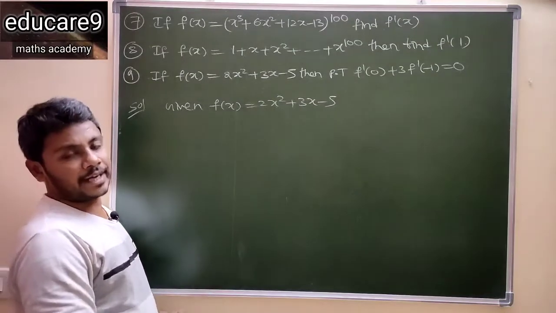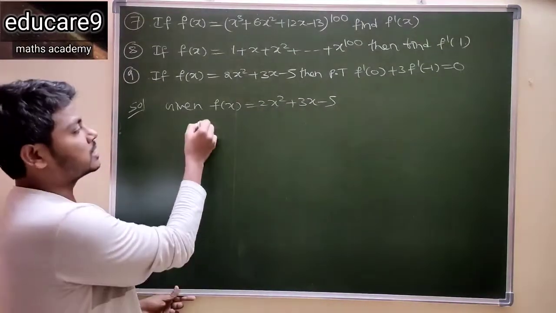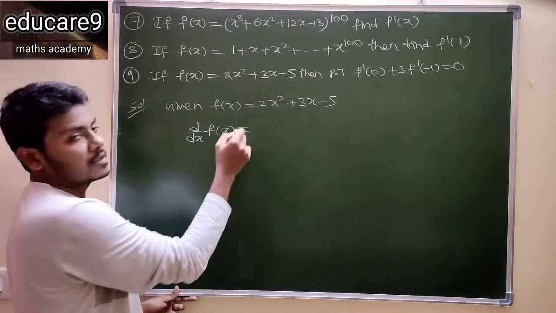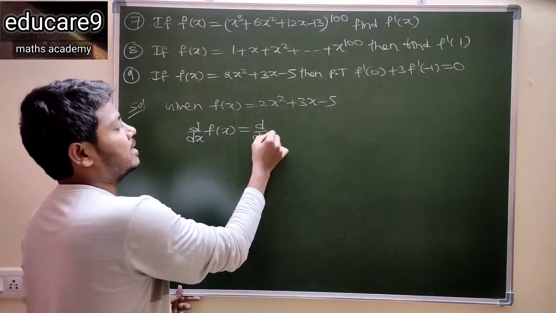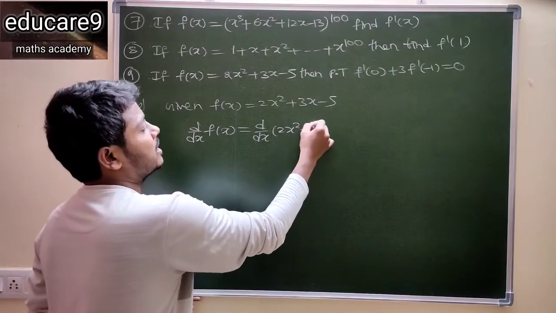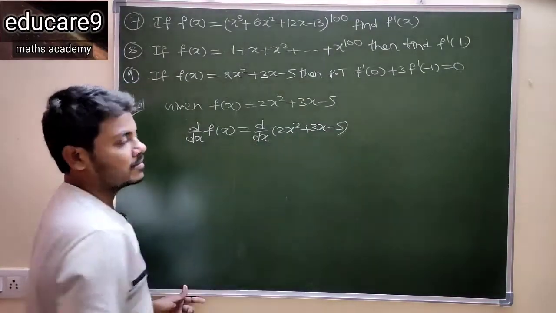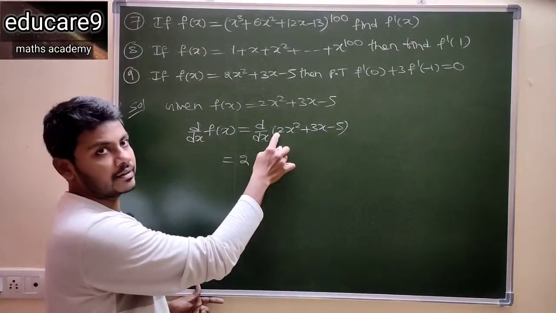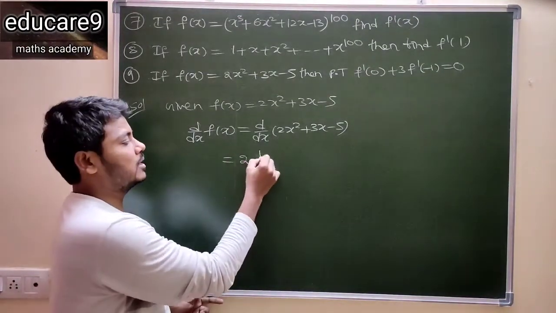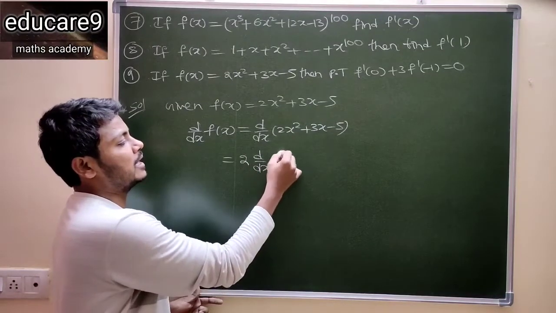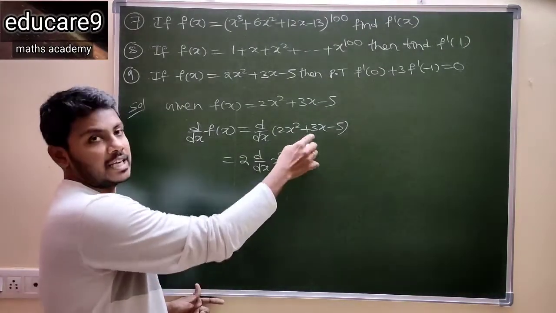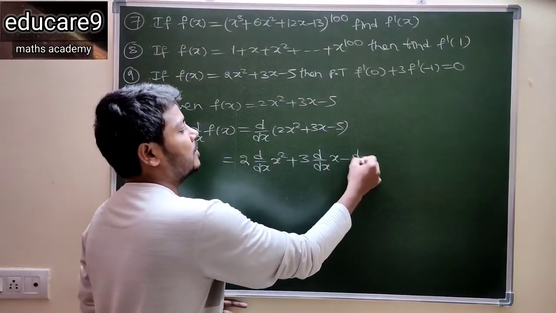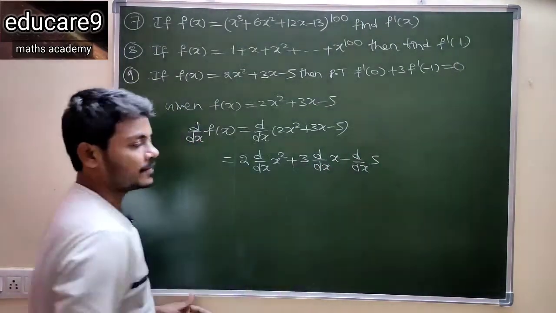See here, first find the derivative of the given function, that is d by dx of f of x is equal to d by dx of 2x square plus 3x minus 5. So this is 2 into the derivative of x square, written as 2 into d by dx of x square, the derivative of 3x written as 3 into d by dx of x, minus d by dx of 5.